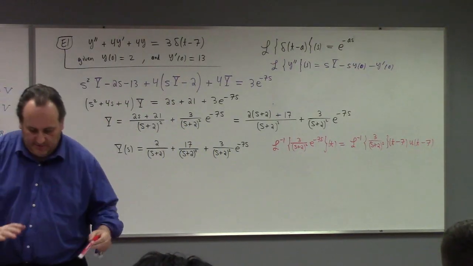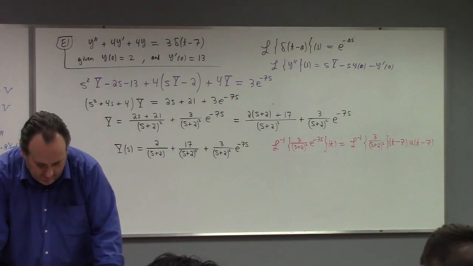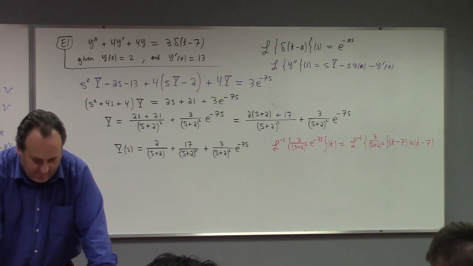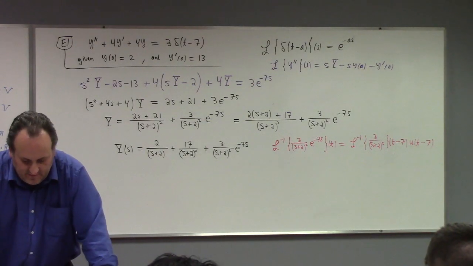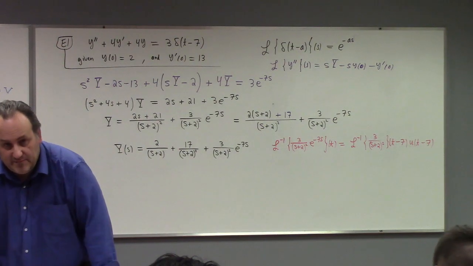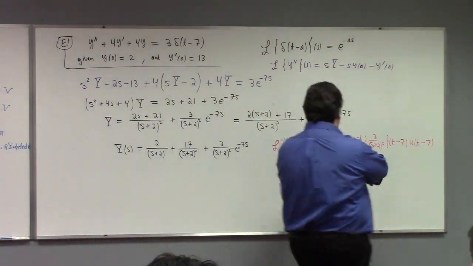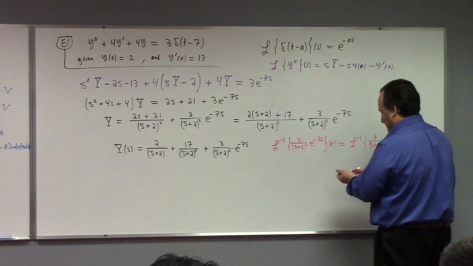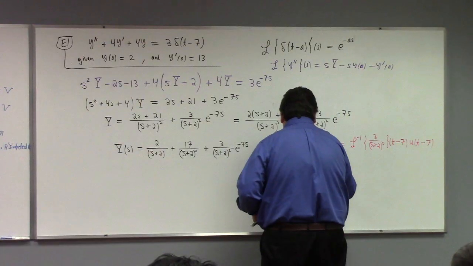Now, the way it's written on your sheet, if you look, is that theorem. It's like the next row up from the bottom. We take the inverse transform of e to the minus as times F of s. It's little f of t minus a. Well, what is little f of t minus a? That's the inverse transform of big F, right? So I take the inverse transform. This is like my F of s, all right?